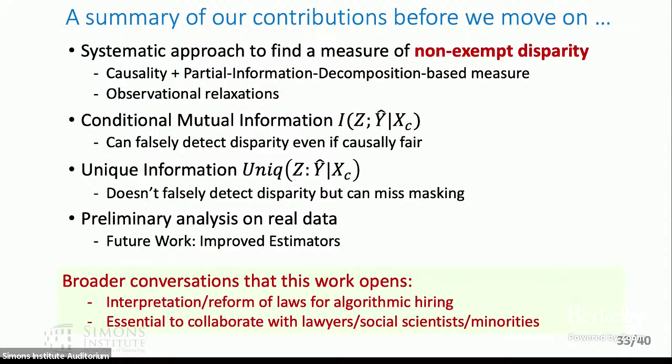And there's potential for future work, like finding improved estimators for these quantities, as well as some broader conversations that this work opens, like how do we interpret or understand laws for algorithmic hiring? And it is essential to collaborate with lawyers and social scientists to be able to fully understand this picture of algorithmic fairness, where there are critical features, and then there are some disparities which are exempt and some disparities which are not exempt.